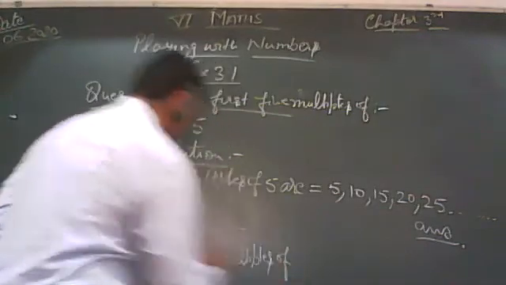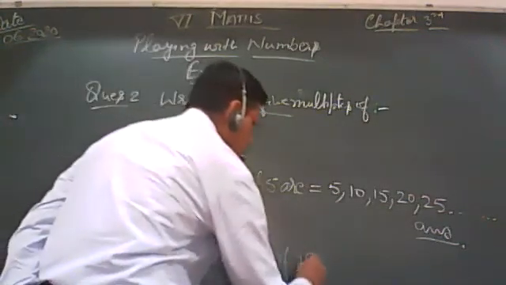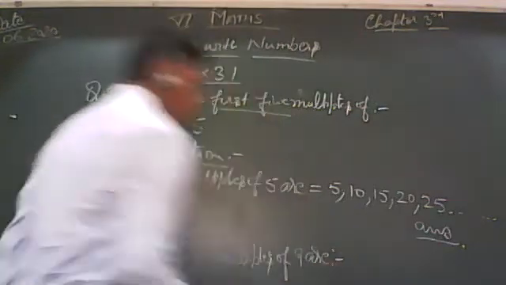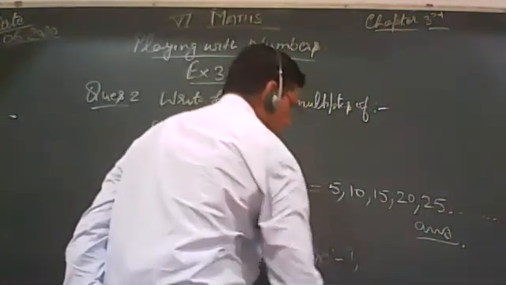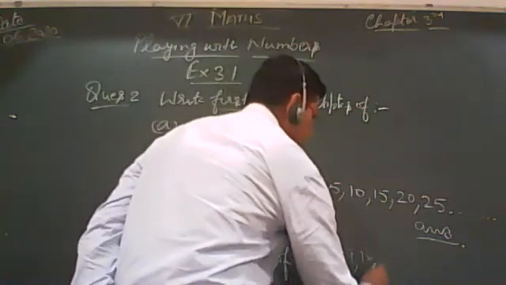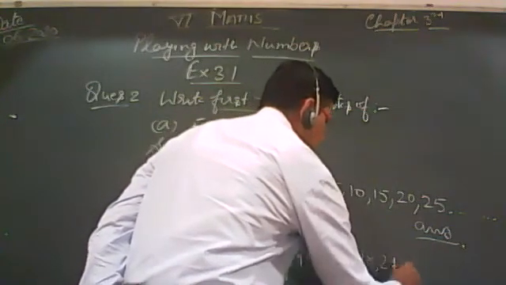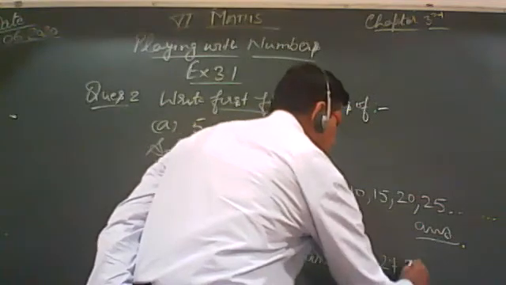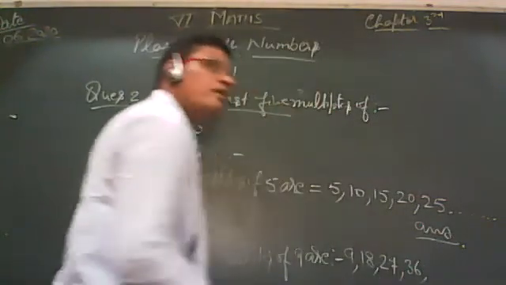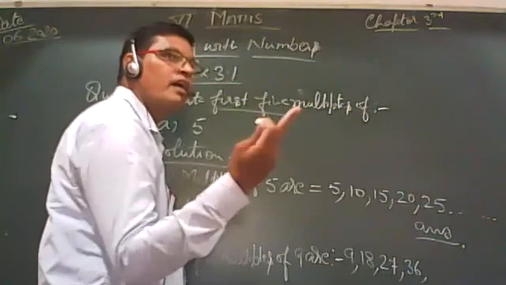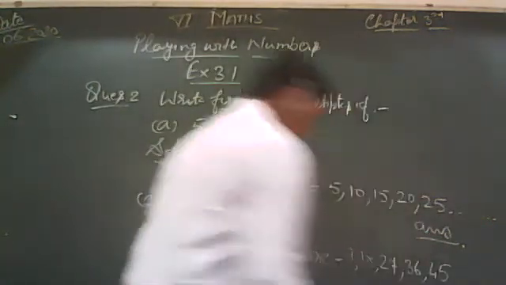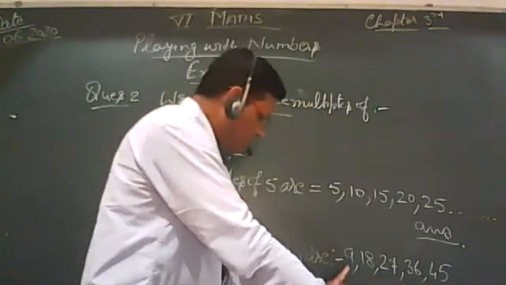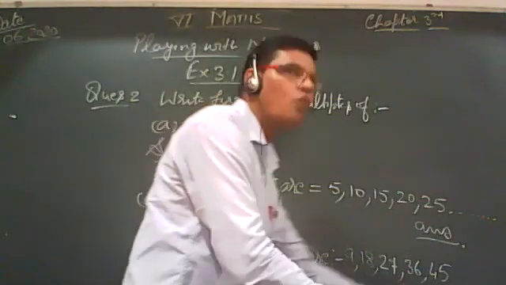The multiples of 9 are: you multiply by its natural numbers. 9 ones are 9, 9 twos are 18, 9 threes are 27, 9 fours are 36, 9 fives are 45, and you count how many multiples: 1 2 3 4 5.